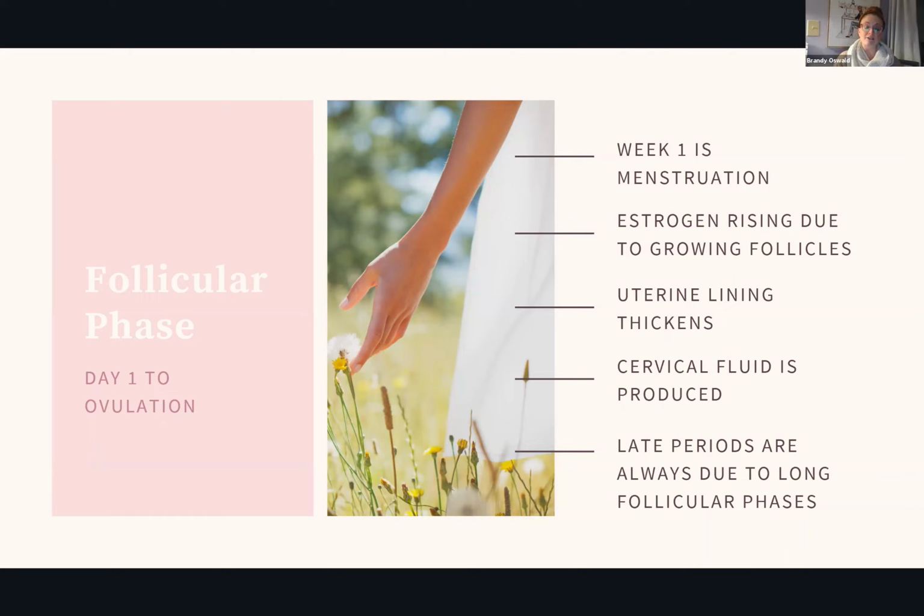And that's because the phase from ovulation to the start of your period is unchanging. It is a set number of days, and it doesn't shift or change unless there's a hormonal imbalance at play. So when a period arrives late, what we're looking at is the body not getting to ovulation as soon as it normally would, and therefore having a longer follicular phase.